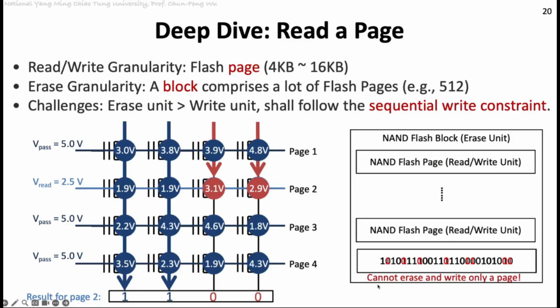A better way, just like SMR, is to mark them as invalid and then write a new page to another place. The methodology is called read, modify, write. We read out the old page, modify it in the memory inside the SSD, and then write to a new page. So in this case, we don't really need to do the erase. We just move the old data, modify it, and write it to a new position.